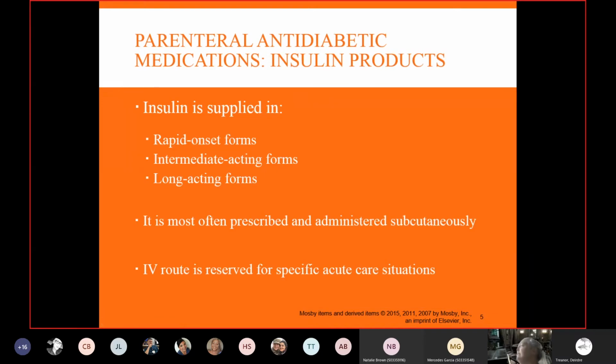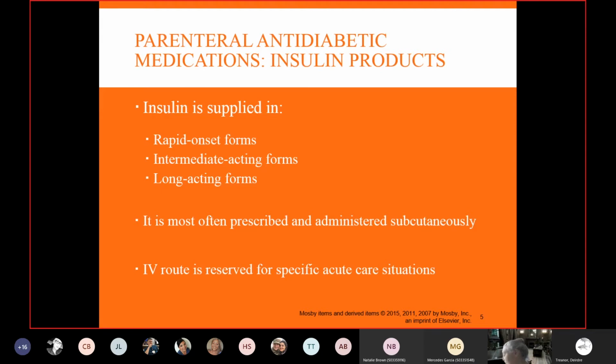So insulin has 3 forms. You have rapid onset forms, intermediate acting, and then longer acting. Remember, insulin is always subcutaneous, and you've got to make sure you're carefully looking at the labels. Short or rapid acting treats your current level. What is your blood sugar level right now as I test it?